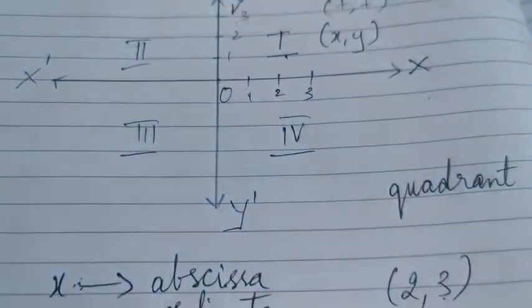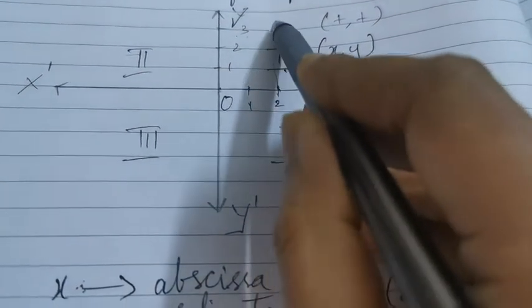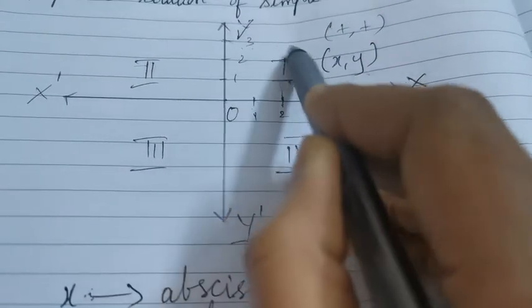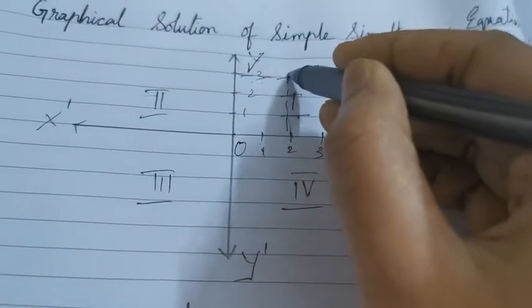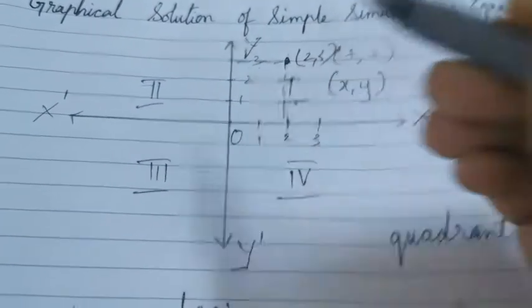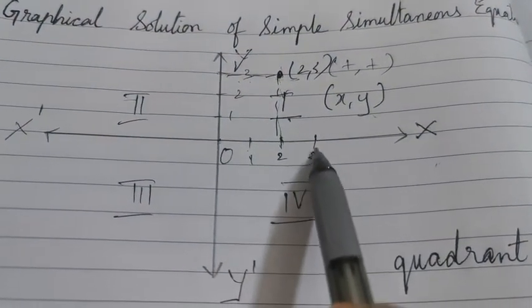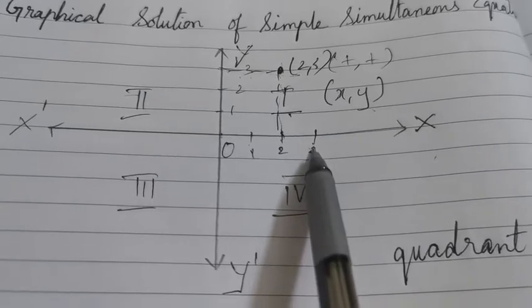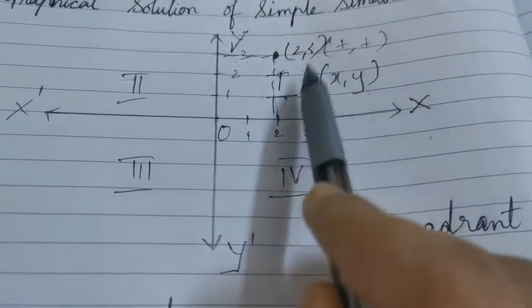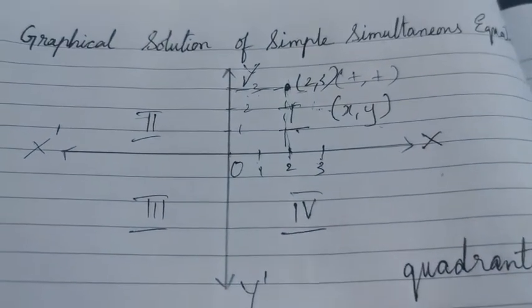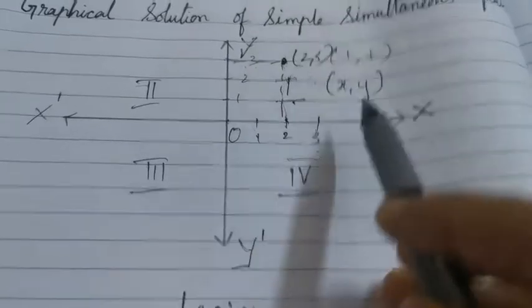If you draw a perpendicular from 2 and a perpendicular from 3, the point where the 2 lines meet, that point is 2 comma 3. So if you want to mark 3 comma 2, you have to check where the perpendicular line from 3 and the perpendicular line from 2 meets. That point is 3 comma 2. This is the way we will mark or plot points on a graph sheet.